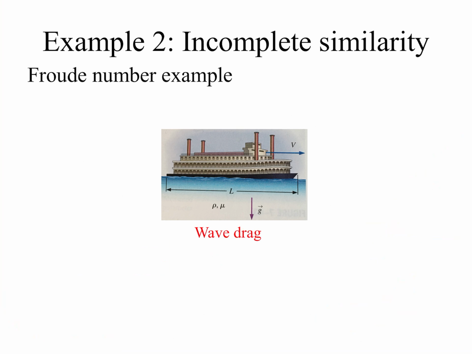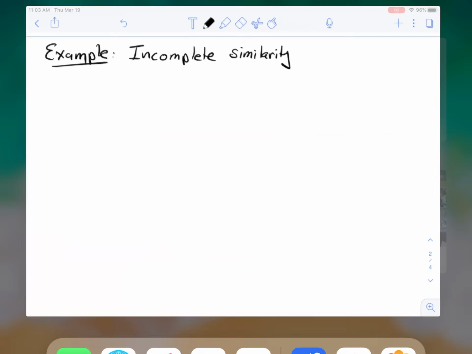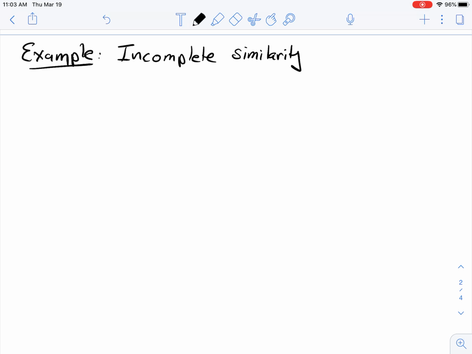So imagine we have a boat that's moving through the water, and we want to look at trying to match different non-dimensional numbers. In particular, we want to be able to match both the Froude number and the Reynolds number.